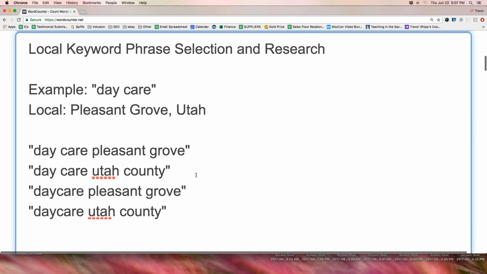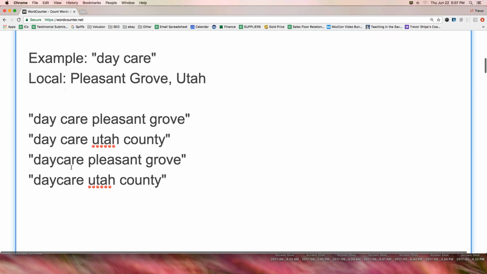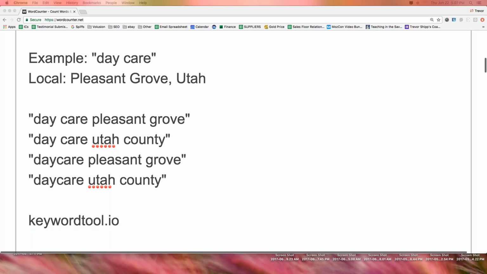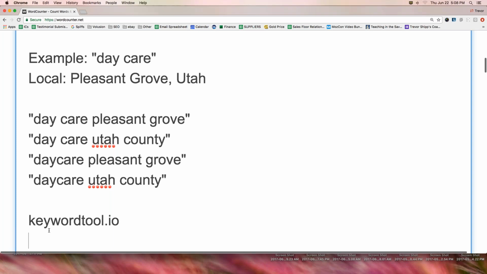And here's the challenge: the typical keyword tools that we teach you to use. Name some of those. What are some of the keyword tools you use when you're doing keyword phrase research? How about this one right here? Keywordtool.io is one to help us come up with ideas. Right? What else, guys? What else do we like to use?